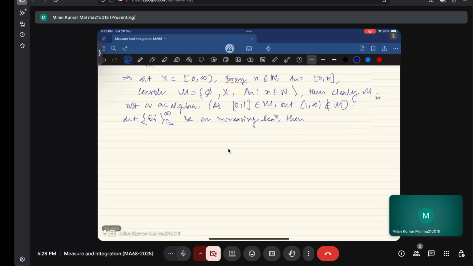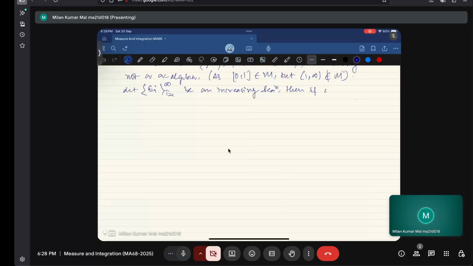Then if some E_i, for i belonging to the natural numbers, is X, then their union, i equals 1 to infinity, must be X. Otherwise, the union of i equals 1 to infinity is what it is possibly be.